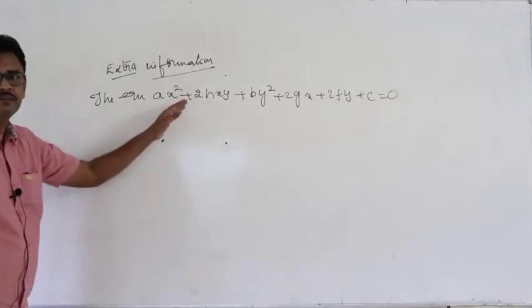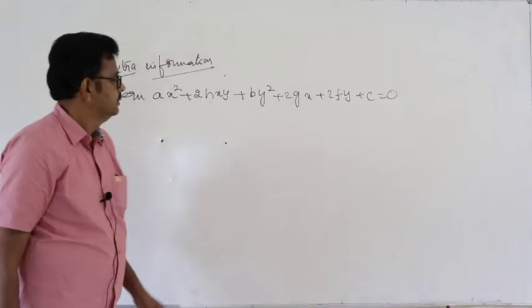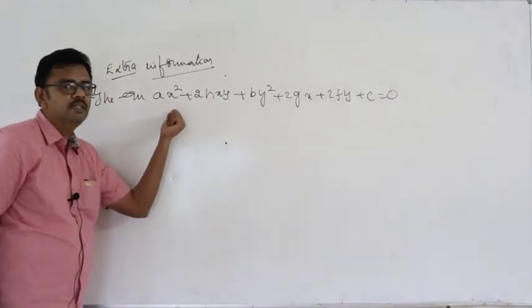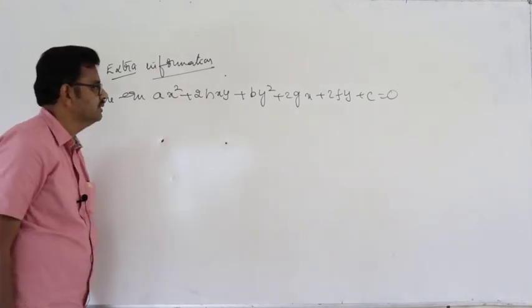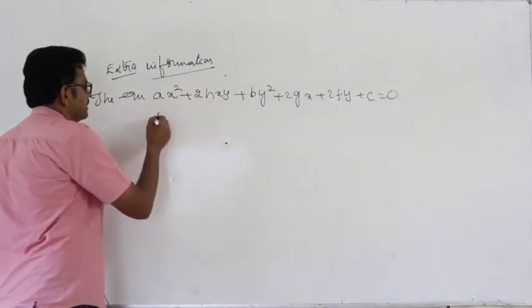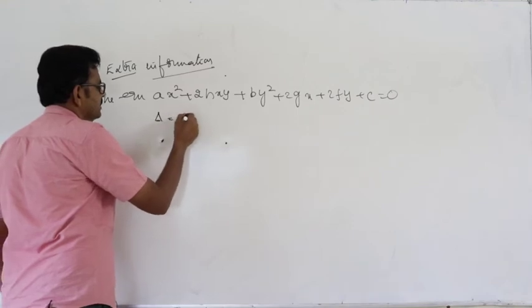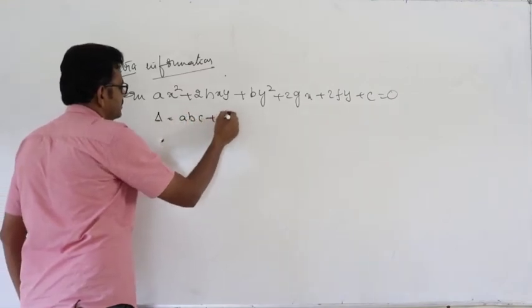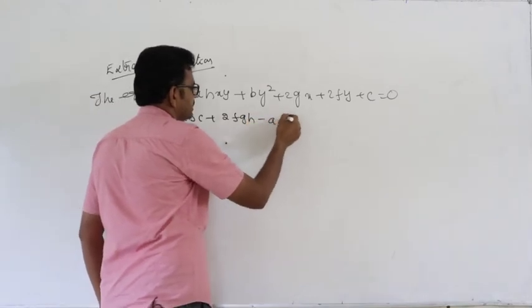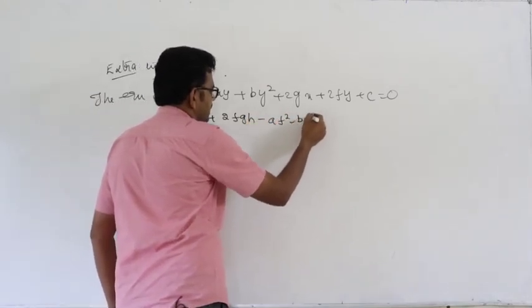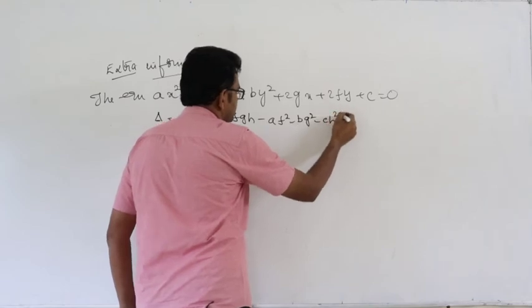This is a second degree equation in x and y. And this is one notation: delta equals abc plus 2fgh minus af square minus bg square minus ch square.